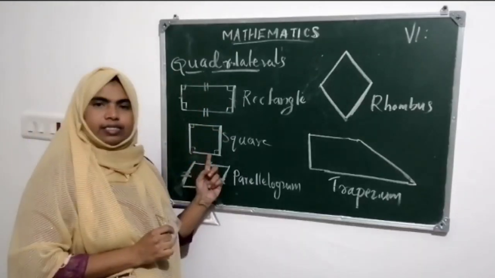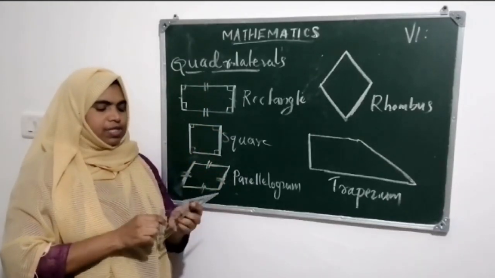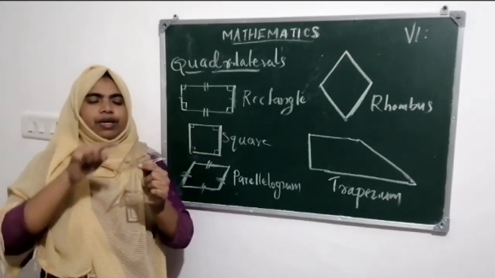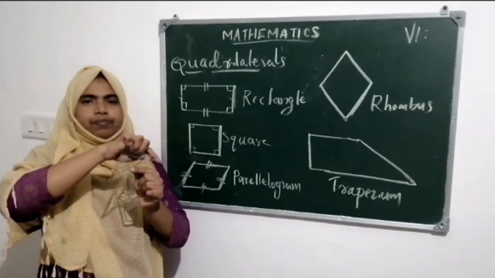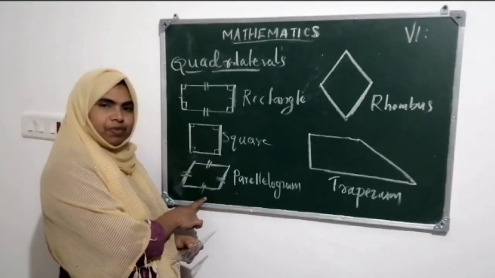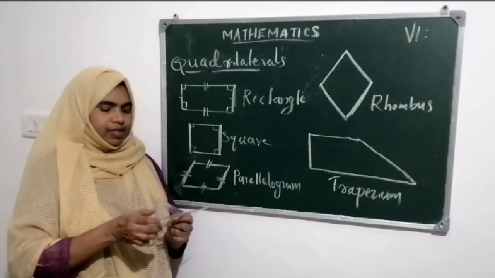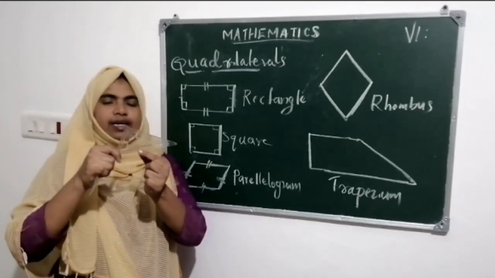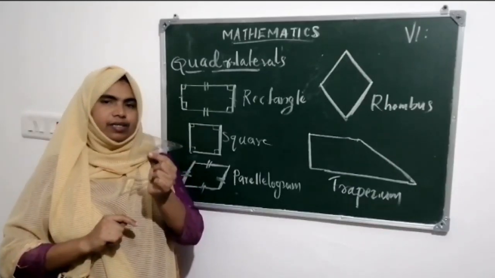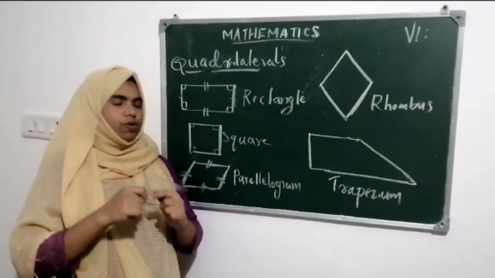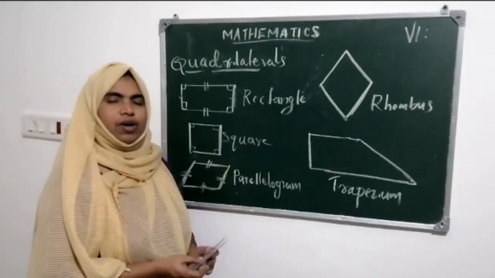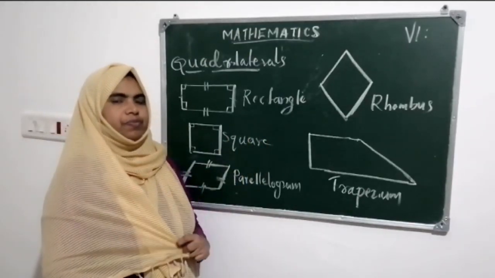Then a square we can draw using this, which is 90 degree, 45 degree and 45 degree. You can draw a parallelogram using this, that is 90, 30 and 60. Using two set squares you can draw a parallelogram. Then rhombus. How can we draw a rhombus?